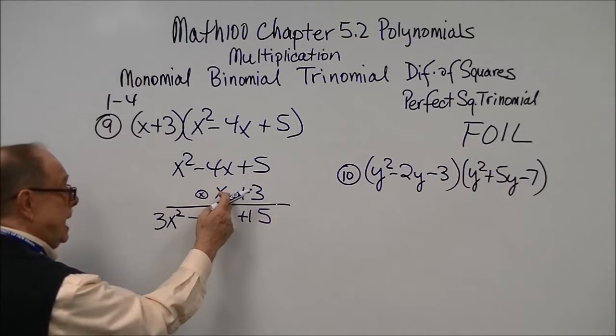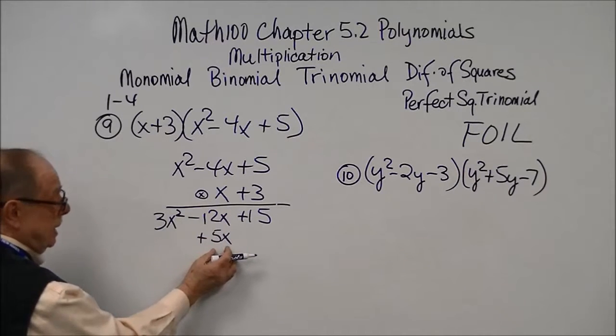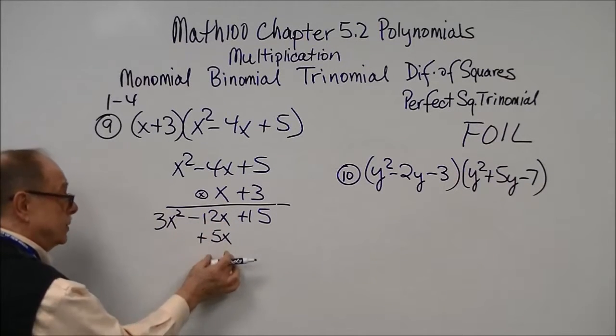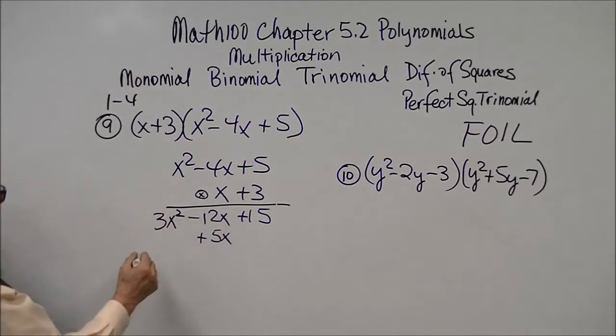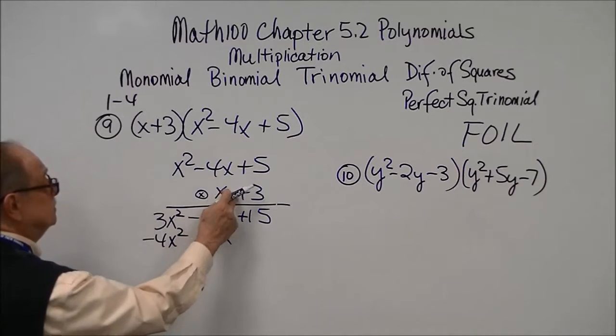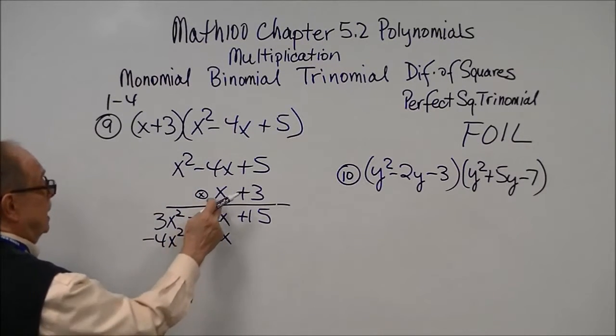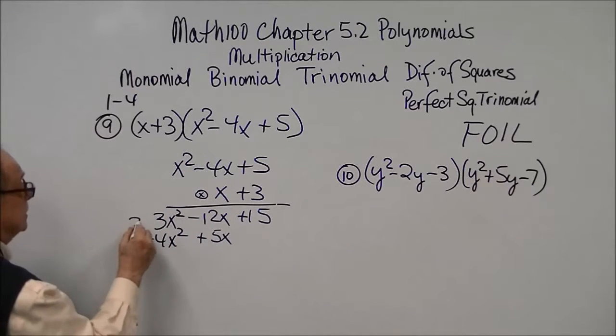So now we go to the x. X times 5 is 5x, and I'm putting it in the x column, the like term column. X times a negative 4x is a negative 4x squared. And then x times x squared is x cubed.